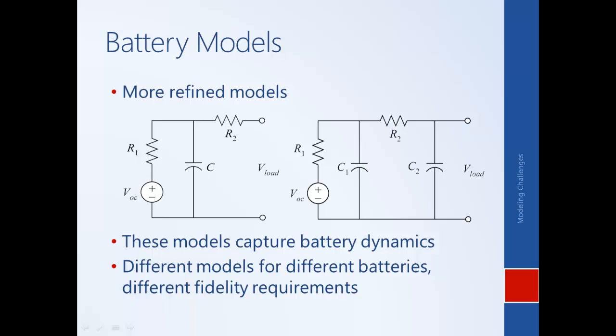In general, you can come up with different types of circuit equivalent models that may be appropriate for different types of batteries, a nickel-cadmium battery, a lithium-ion battery, and different models may be appropriate depending on the fidelity requirements or the accuracy requirements you may have.